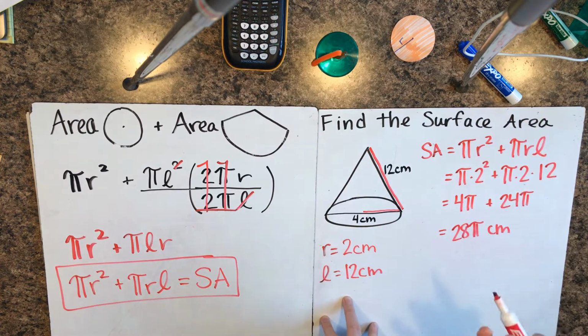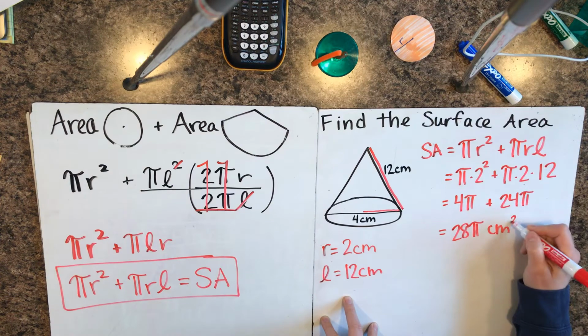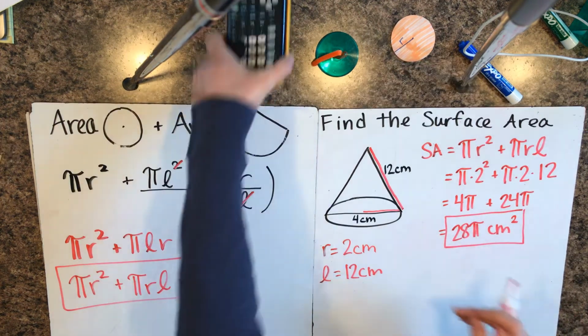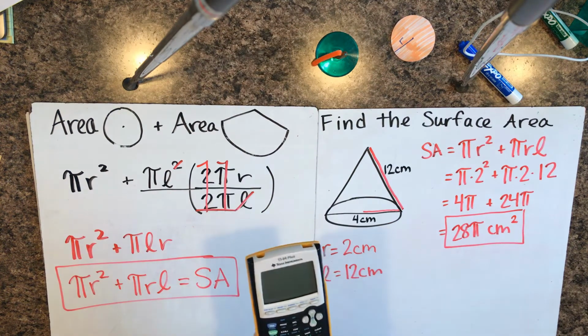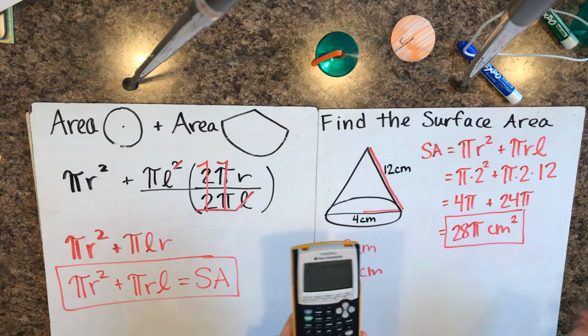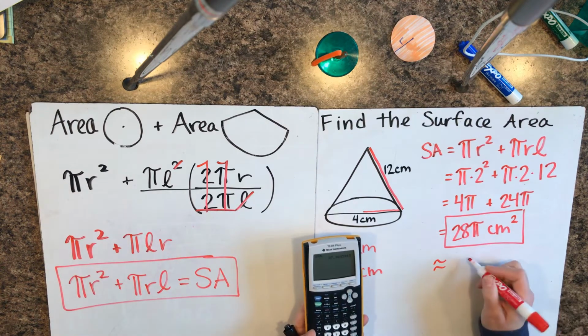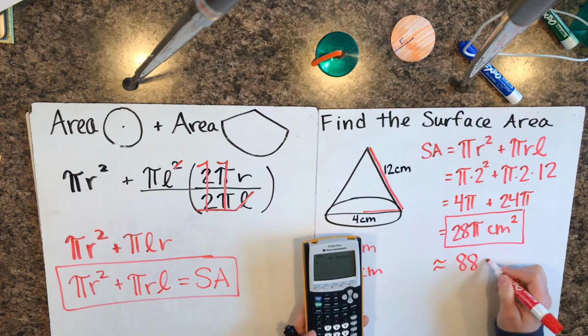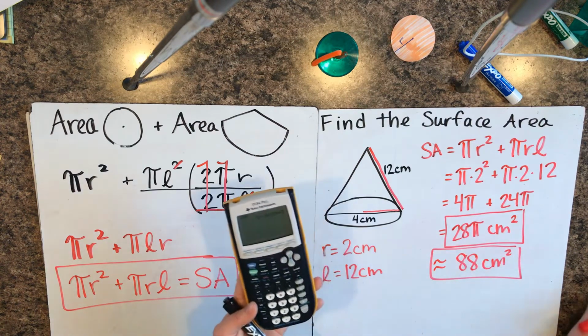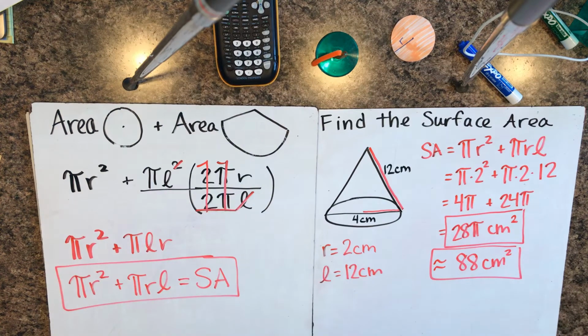Even though it's on a 3-dimensional figure, area is still square centimeters. This is your exact answer, okay? So on a test or a quiz, if we ask you for exact answer, that's what we're looking for. If we want an approximate answer, I'm going to say it's approximately 88 centimeters squared, okay? I see 87.96. That's for sure approximately 88, okay?